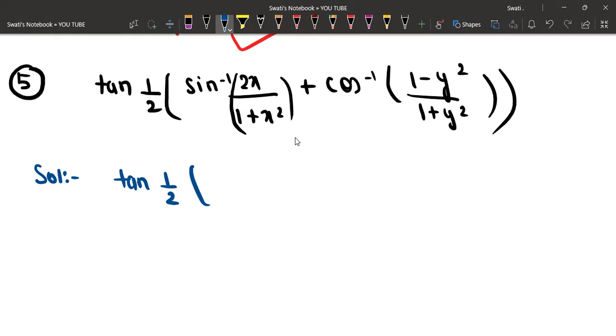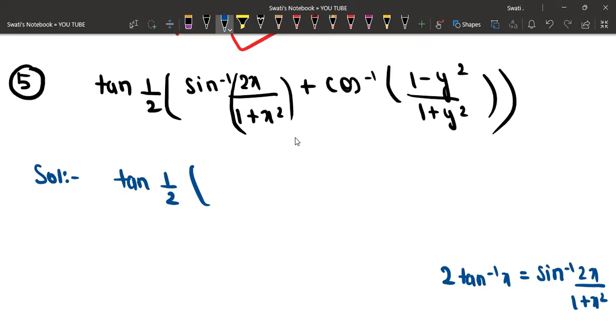Now at the place of the sine inverse 2x upon 1 plus x square, I can use a formula, and the formula is 2 tan inverse x. 2 tan inverse x has a direct formula in terms of sine, that is sine inverse 2x upon 1 plus x square. So I can directly use this formula.